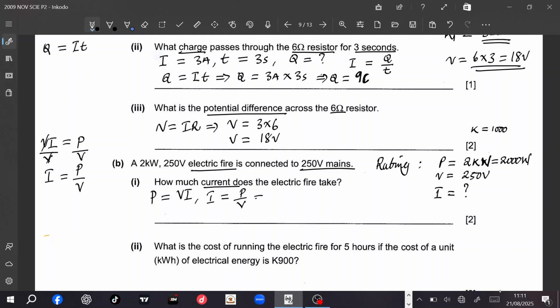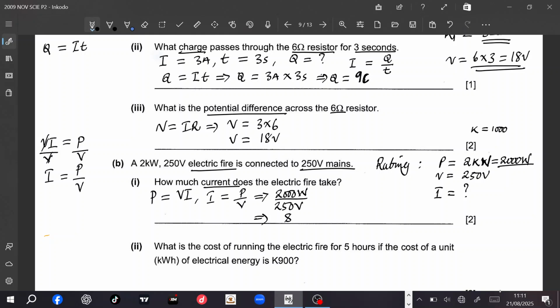So you substitute power, 2000 watts, divided by voltage, 250 volts. What are we getting there? 250 volts into 2000, you get 8.